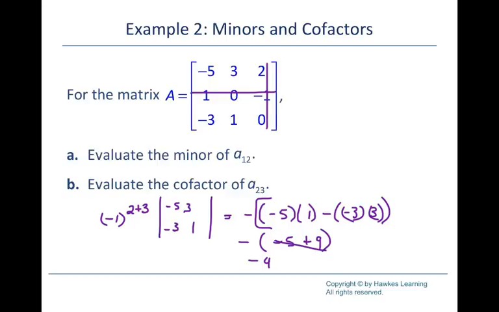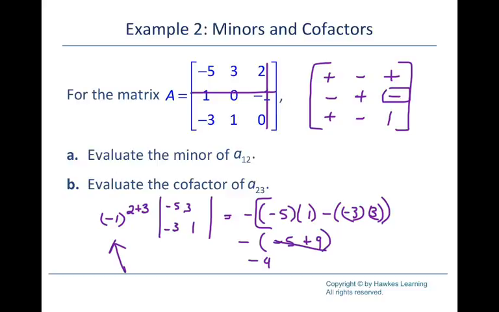Now I want to talk a little bit about this value right here. If you just keep in mind this matrix, you can do this each time, but also one way to do the cofactors is if you start with positive here and then alternate signs. If you notice, 2,3 is in this spot right here, row 2, column 3, and it's a negative.